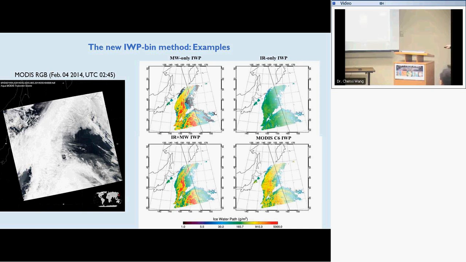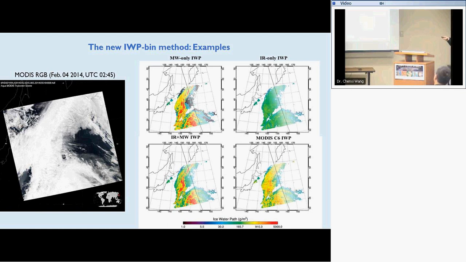Maybe it's not clear for you. And in this part they are liquid clouds. So we apply our method to this granule, and you can find the difference between using different channels. Actually, we use microwave-only retrieval.